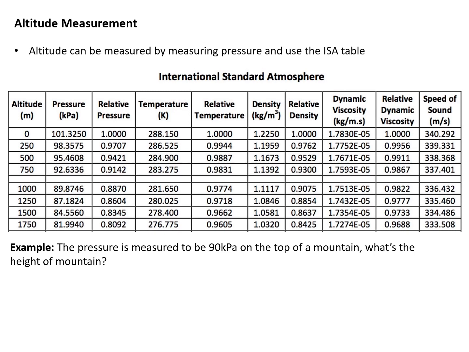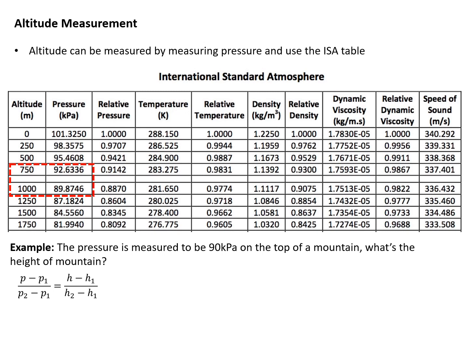The pressure is measured to be 90 kilopascal on the top of a mountain. What's the height of the mountain? If we have a look at the table, 90 kilopascal is between 750 meters and 1,000 meters. So then we need to do the interpolation.